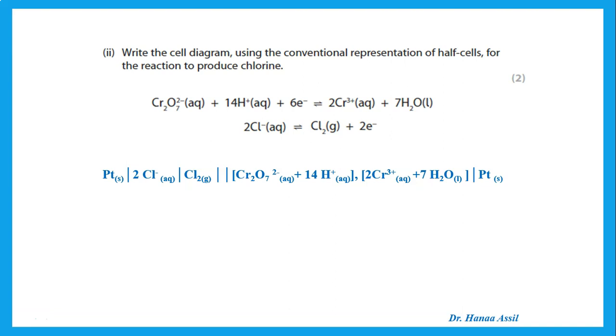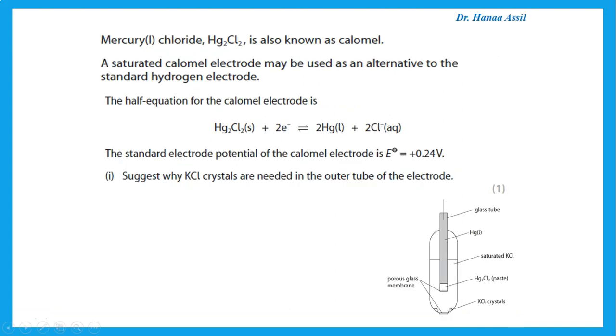Okay. So then the next question here is talking about calomel electrodes. So mercury(I) chloride is known as calomel. A saturated calomel electrode may be used as an alternative to the standard hydrogen electrode. So this we use instead of the standard hydrogen electrode to determine the electrode potentials.